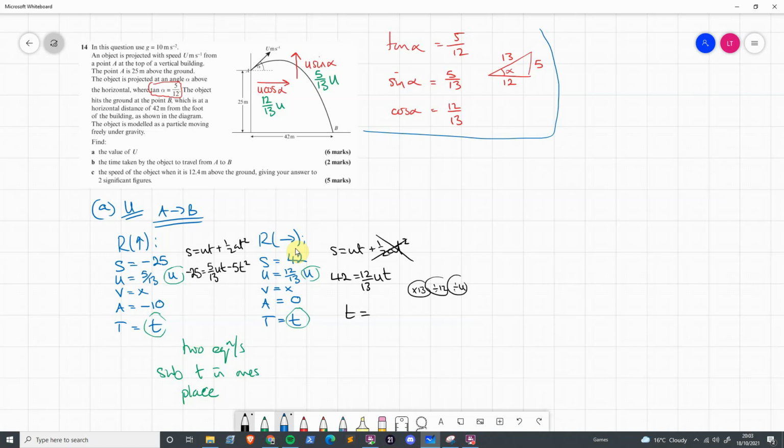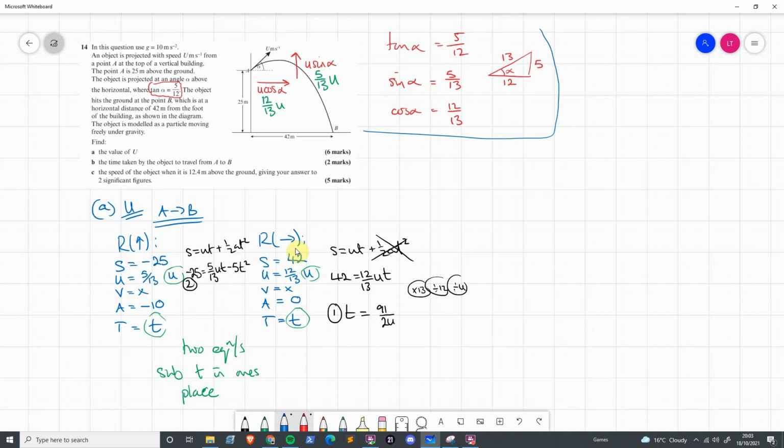So 42 times 13, let me just get my calculator out. 42 times 13, 546 divided by 12 is 45.5, and as a fraction, that's going to be 91 over 2, over u as well, because we're dividing by u. I'll call this equation 1, and I'll call this equation 2.